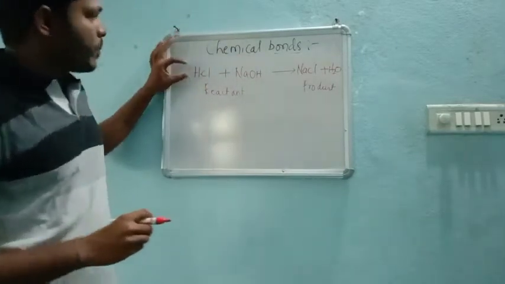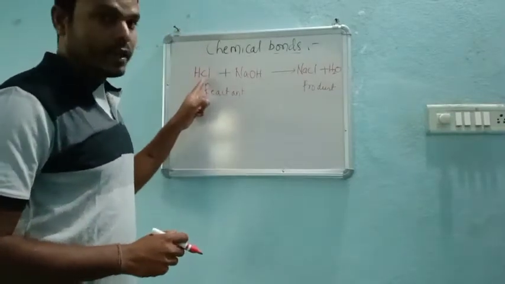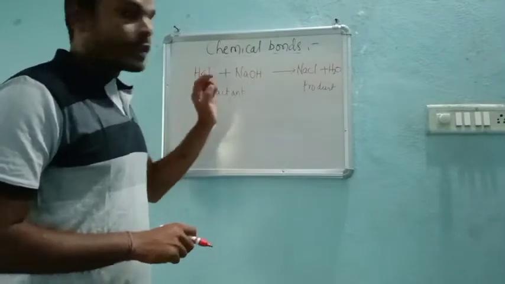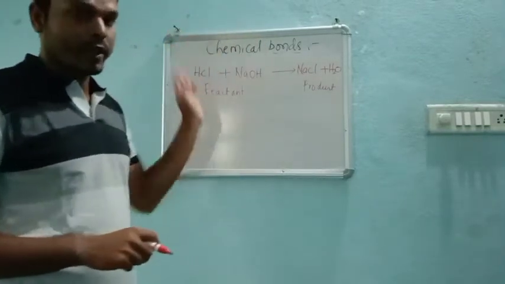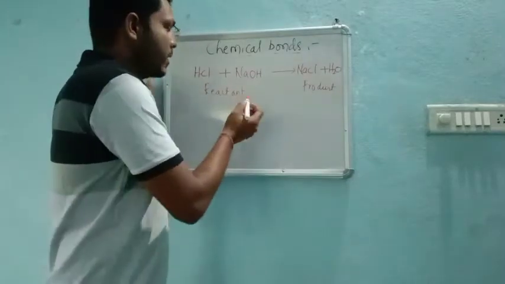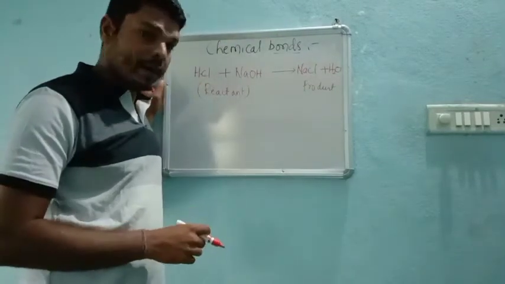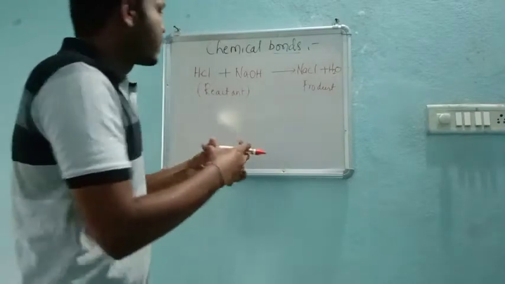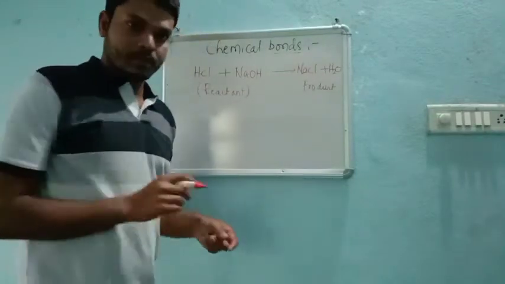So now you just observe this reaction. H is having a bond with Cl or Cl is having a bond with H. Sodium, that means Na, is having a bond with OH or OH is having a bond with Na. When they are reactants. But when we mix them, then the new product will be formed.